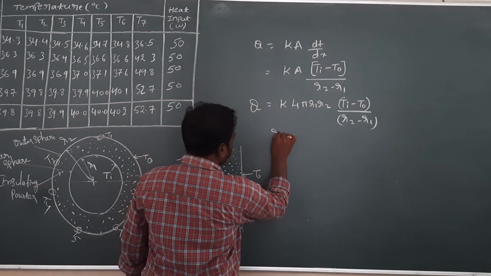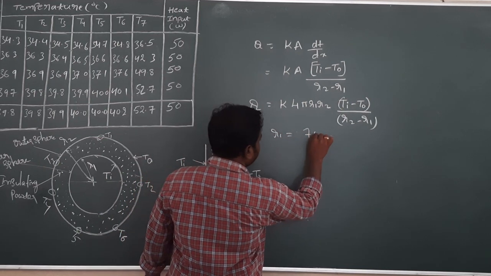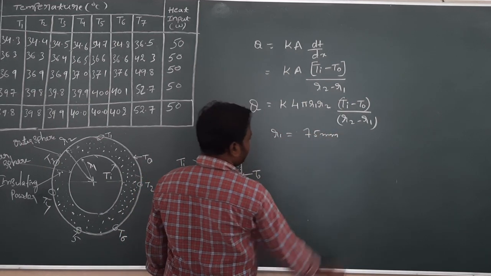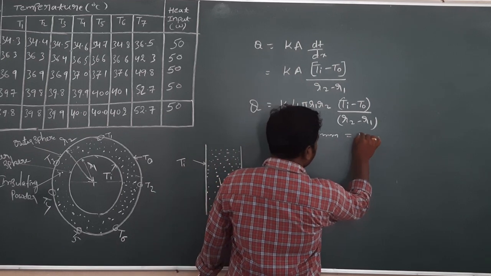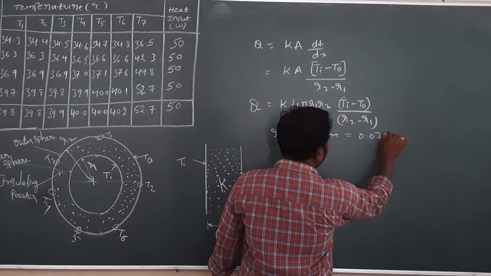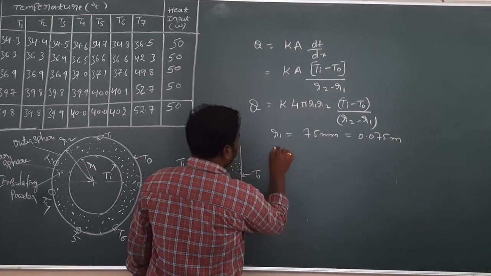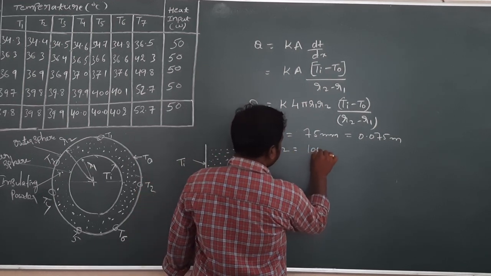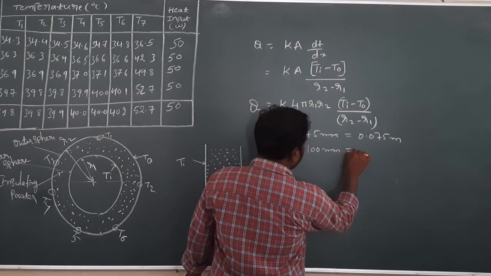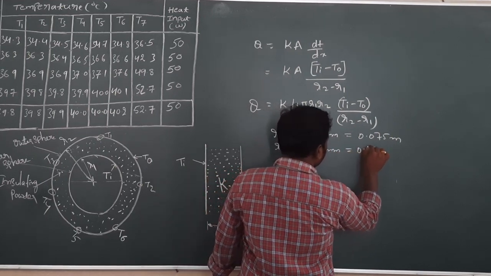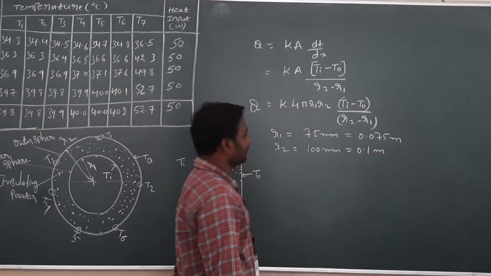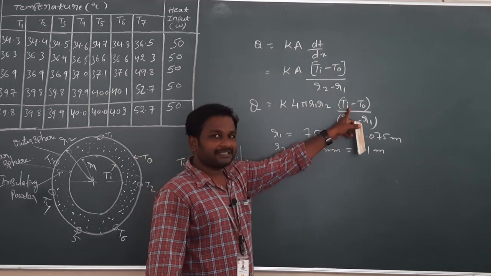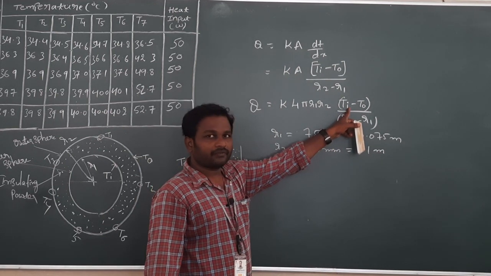Here R1 means 75 mm, convert this into meters: 0.075 meters. R2, the radius of the outer sphere, is 100 mm, convert this into meters: 0.1 meters. Ti means the inside surface temperature of the sphere.